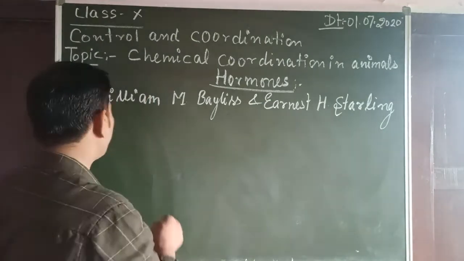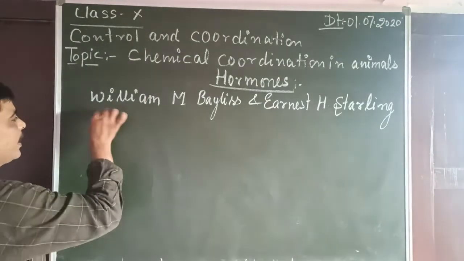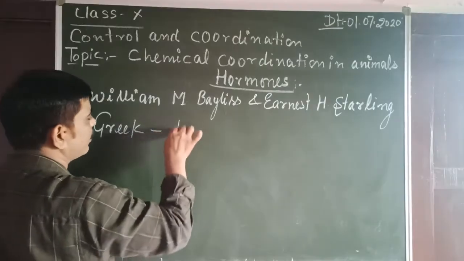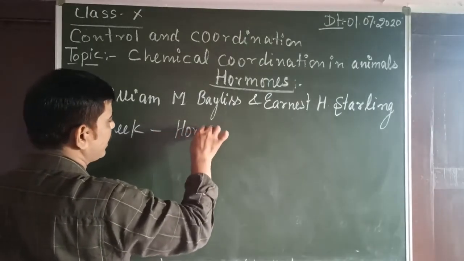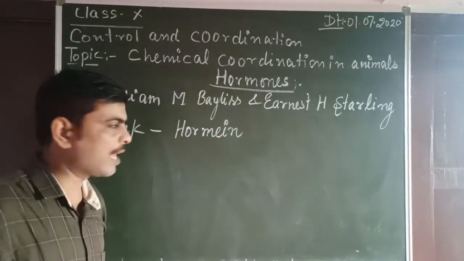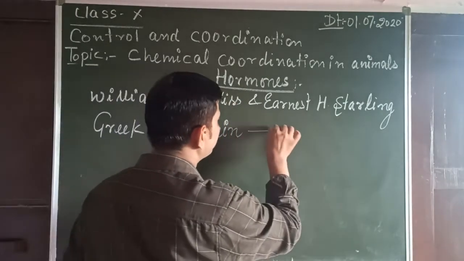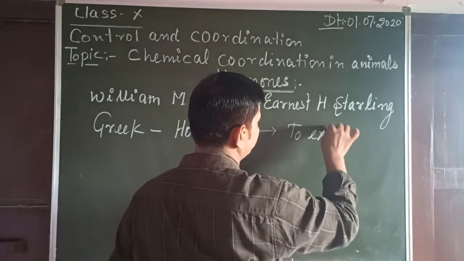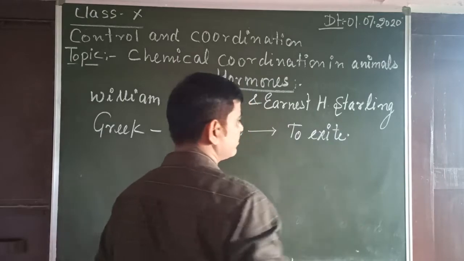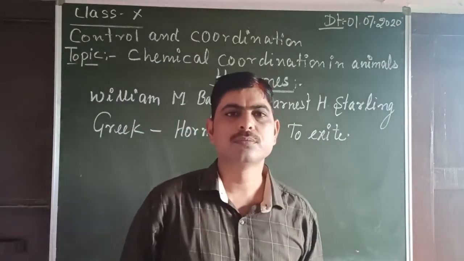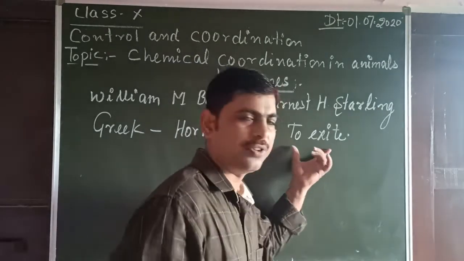Okay, hormone comes from a Greek word, hormaein, and its meaning is to excite. Hormones excite, to stimulate.